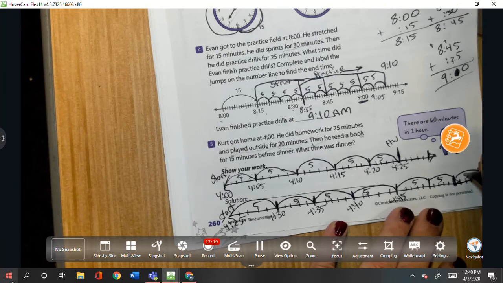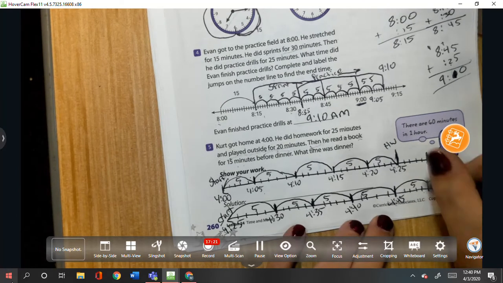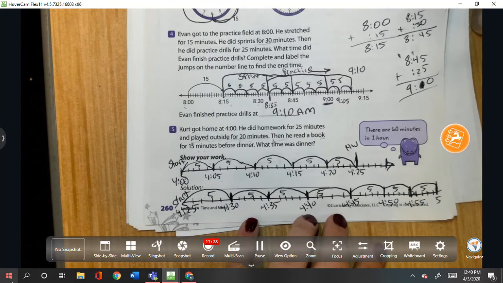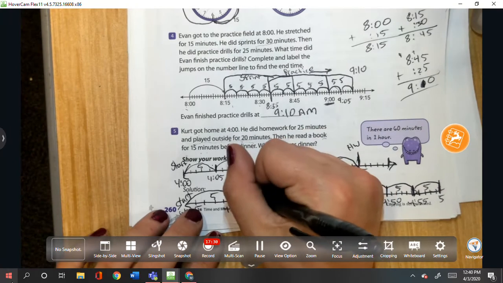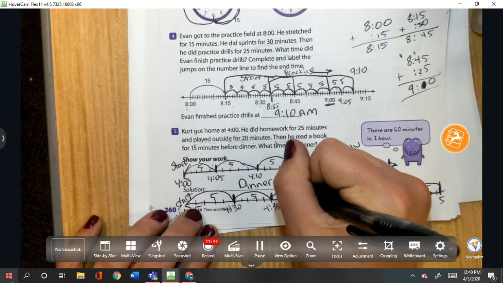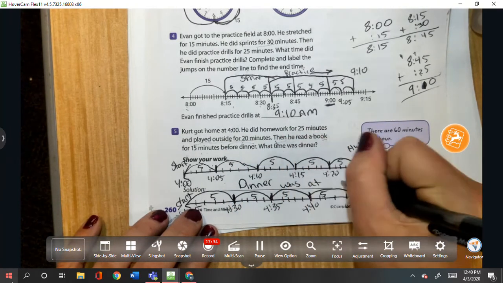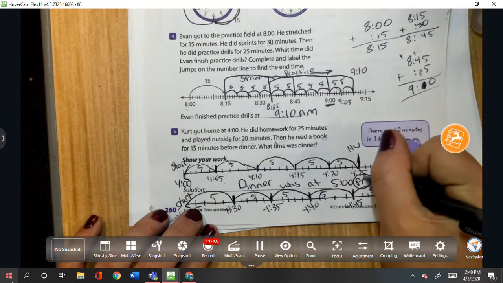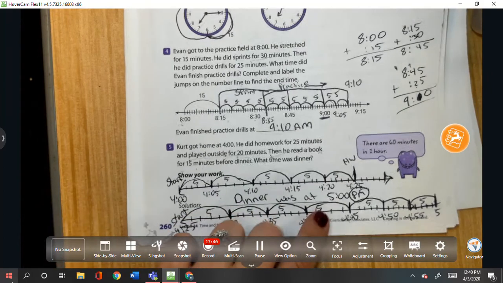These are each 5-minute intervals, meaning this marker would be at 4:50, 4:55, and then finally 5 o'clock. So dinner was at 5 o'clock p.m. Remember, p.m. for afternoon.